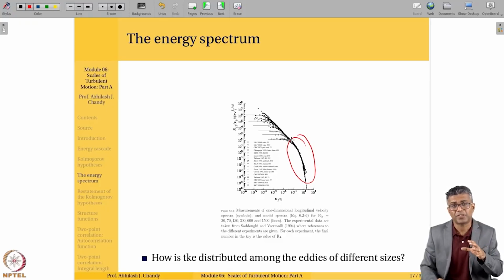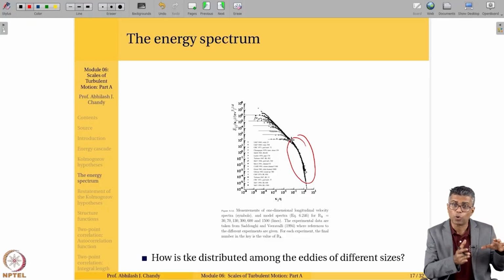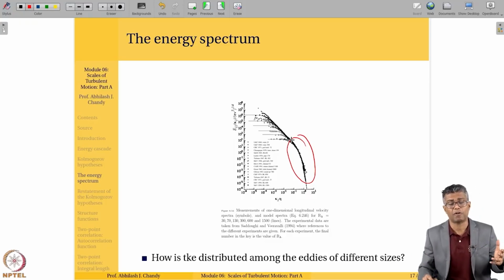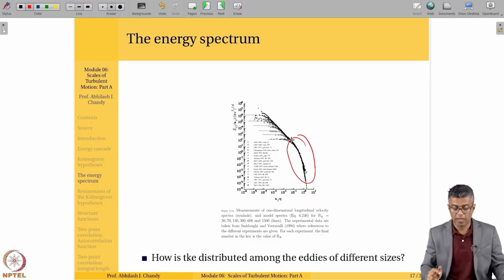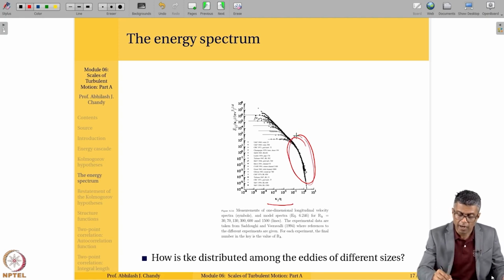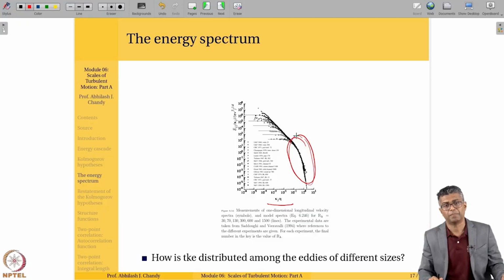Kolmogorov said that everything in the small scales, below the energy containing range, below L_EI, has a universal form. And they are statistically identical if you scale it with the Kolmogorov scale. That is what we are doing here. We have scaled it with the Kolmogorov scale, so everything is overlapping on one single line.